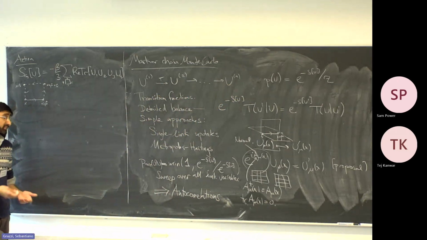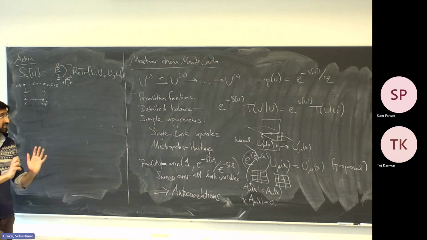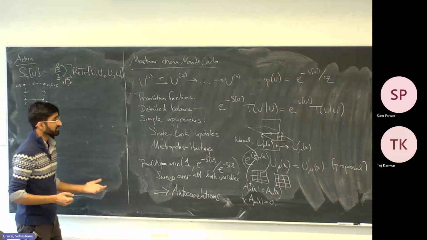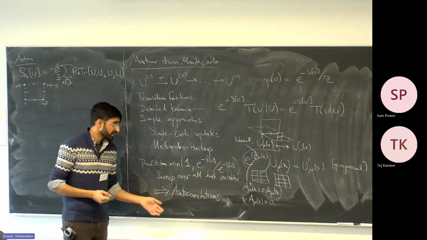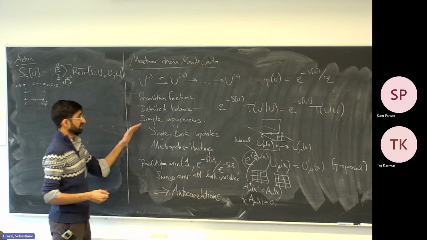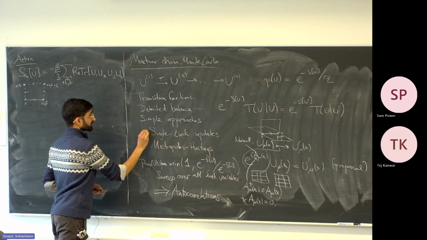So especially as we go towards this continuum limit, which is somehow similar to the very cold temperature limit of statistical models, although physically it is not in any way related to cold temperature, but has a similar structure, then we suffer from this difficulty if we take a naive approach like just taking single link updates.